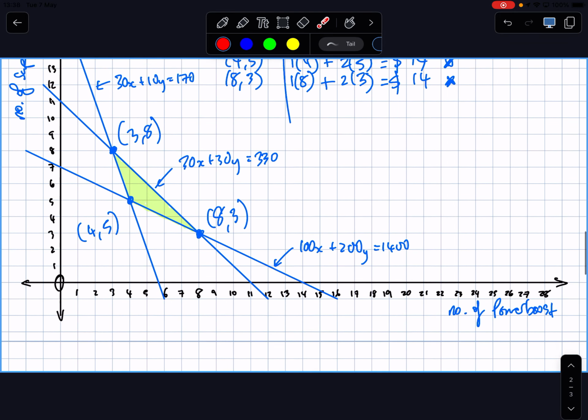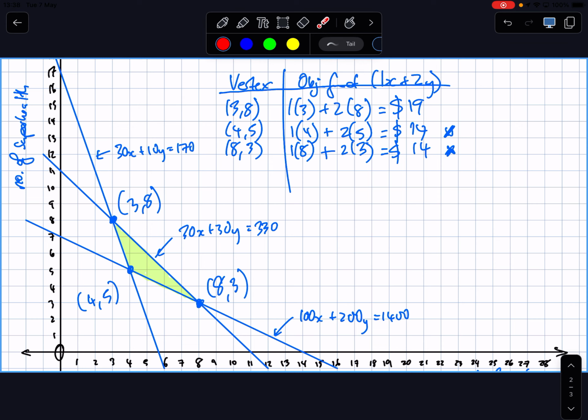So what are the 2 vertices that I've identified? Good. So I'm looking here. And what? 8, 3 and 4, 5. Not 3, 8. Is there a line between those 2 dots? So if you want to, you can highlight that. I'm looking at this line here.